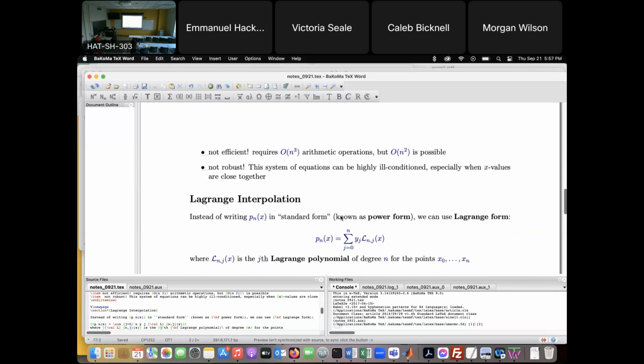Expressing your polynomial in power form leads to a system of equations that may not be the best approach, but there are many ways you can represent a polynomial. So what we're going to use now is called Lagrange form.